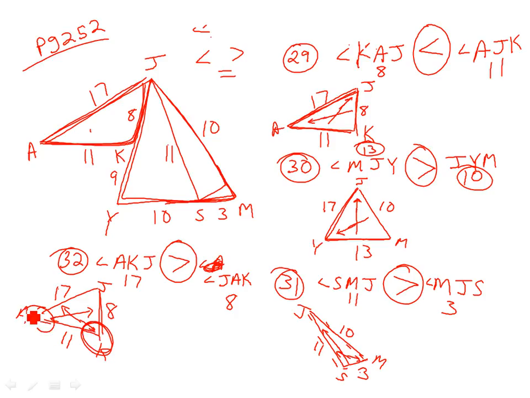Do we know what the measures of them are? No, we don't have a clue. One of them's 50, one of them's 30, whatever they are. We don't know exactly, but we know this one has to be bigger than this other one.